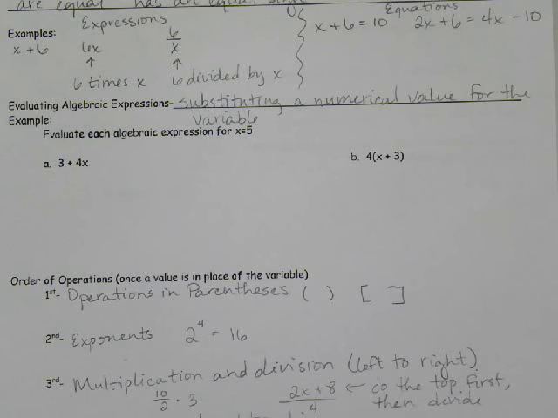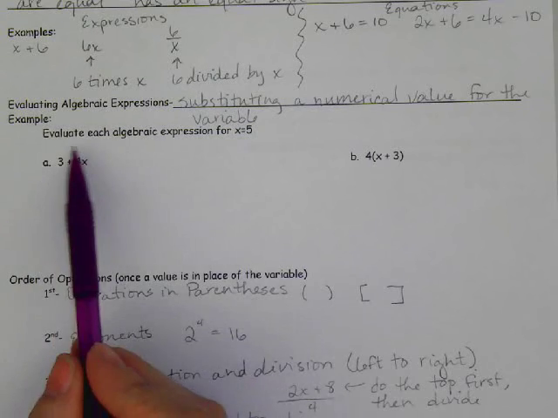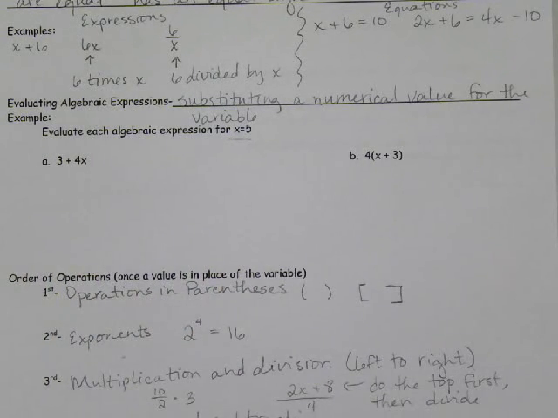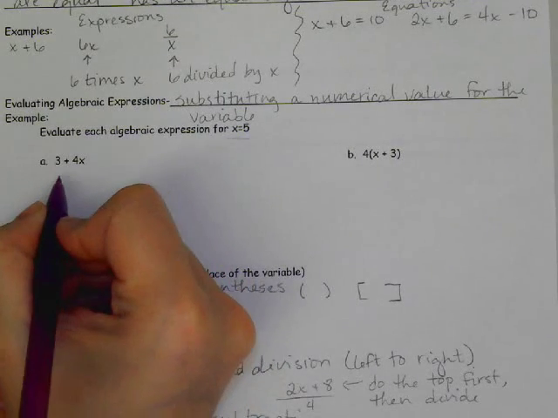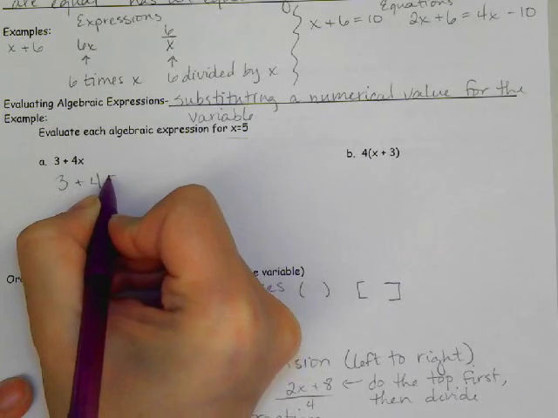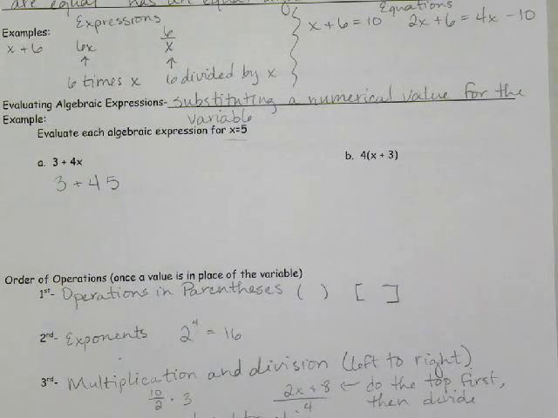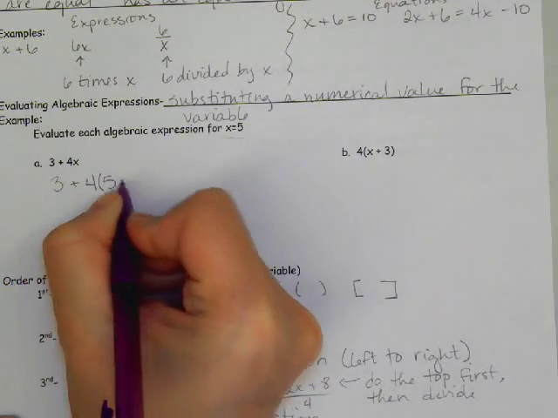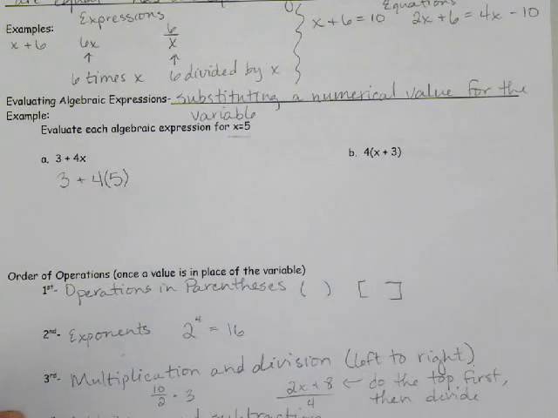If I look at my example here, evaluate each expression for the value x equals 5. So I know that x is 5. When I substitute it in, if I do 3 plus 4 and I just put 5, that looks like 45. That's not what I want. What I want is 4 times 5. So whenever I substitute something in, I'm going to put it in parentheses.